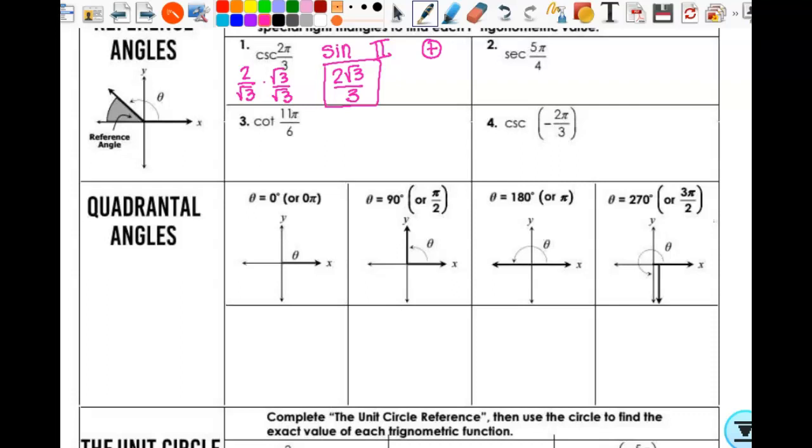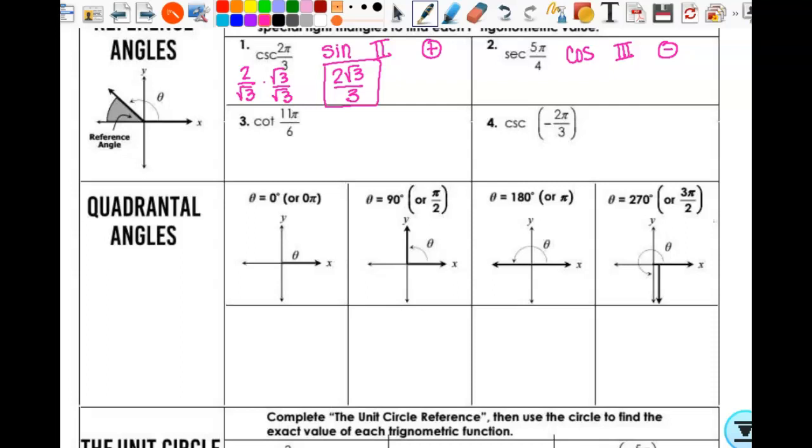Any questions? All right, so on number 2, secant. What is the reciprocal of secant? Cosine. 5 pi fourths, so it's cosine. And then 5 pi fourths is in which quadrant? Third. In the third quadrant, is cosine positive or negative? Negative. Okay? Everybody agree with all that? So then my reference angle is pi fourths.